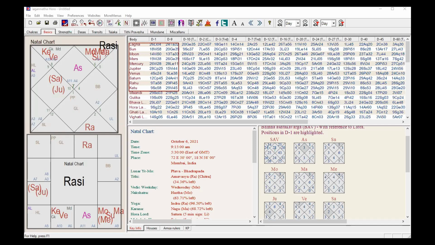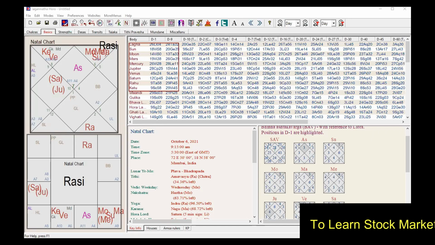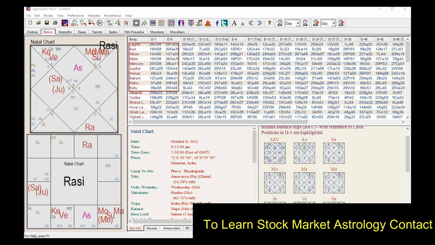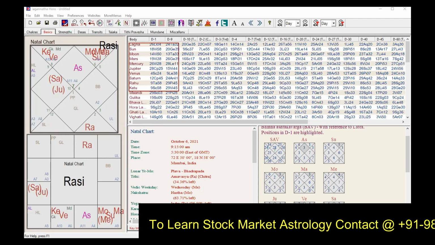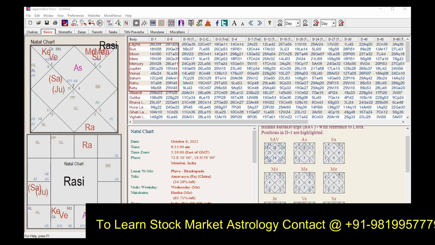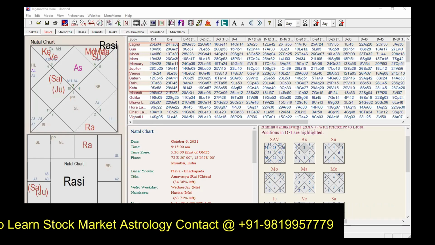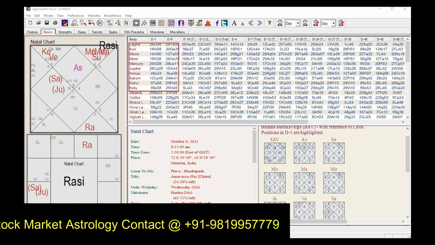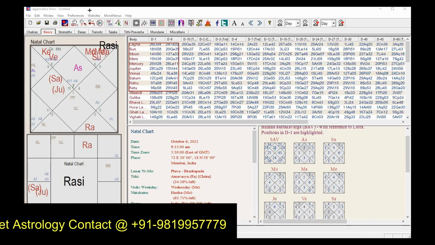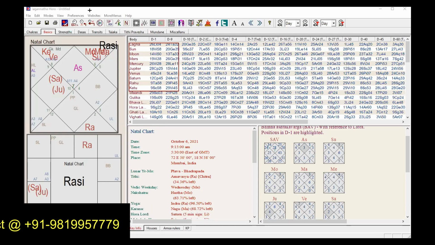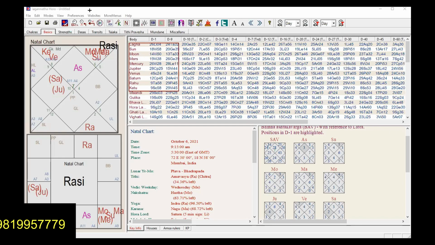So there is a question: we are going to match the degrees of D1 India natal and D9 with the current day chart on 6th of October? Will this also be with other planets? Say, for example, you said Jupiter is 15 degrees and it can reach, say, 26 degrees, which will be equal to the Jupiter of India chart.